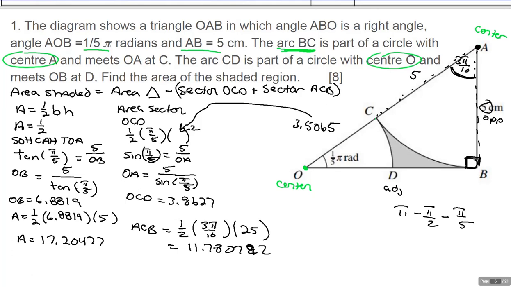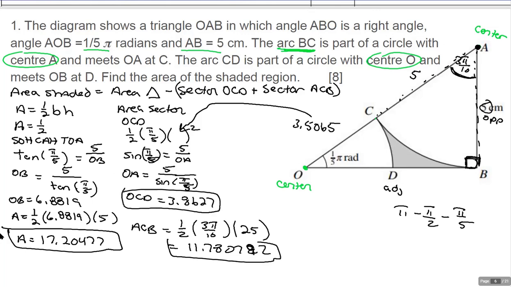All right, so now, remember our original thing. We found the area of the triangle. That's this. We're going to take away these two. So it's going to be 17.20477 minus 3.8627 minus 11.780792.